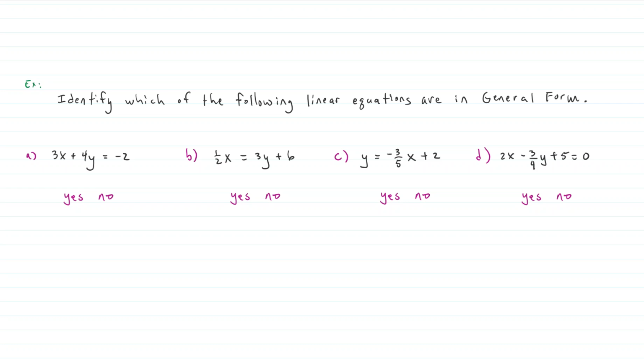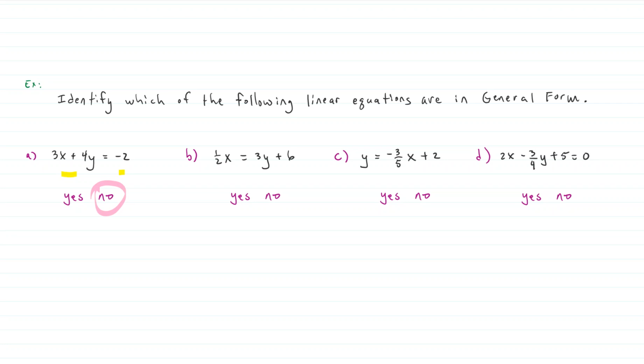Is this in the general form? Well, we have x and y on the left side, but we don't have the constant on the left side. Remember, we need everything, x, y, and any constant that's not 0 on one side of the equation and just 0 on the other side. So this one does not fit the bill. This one is no.